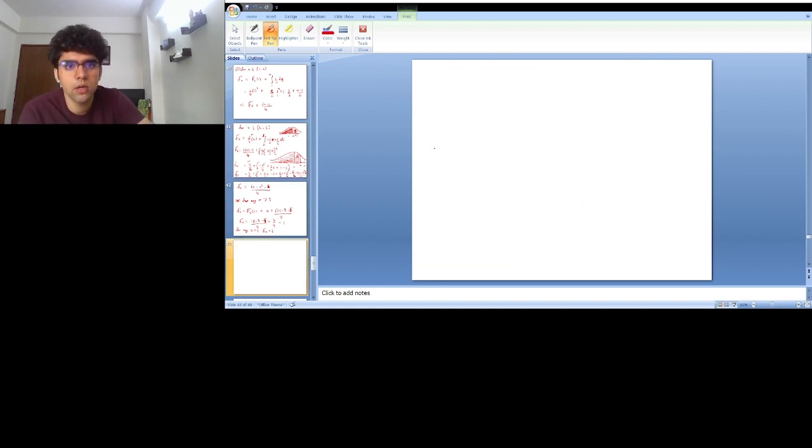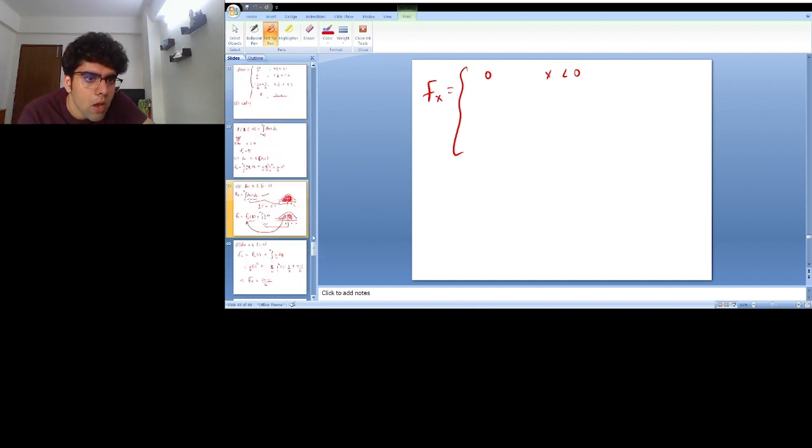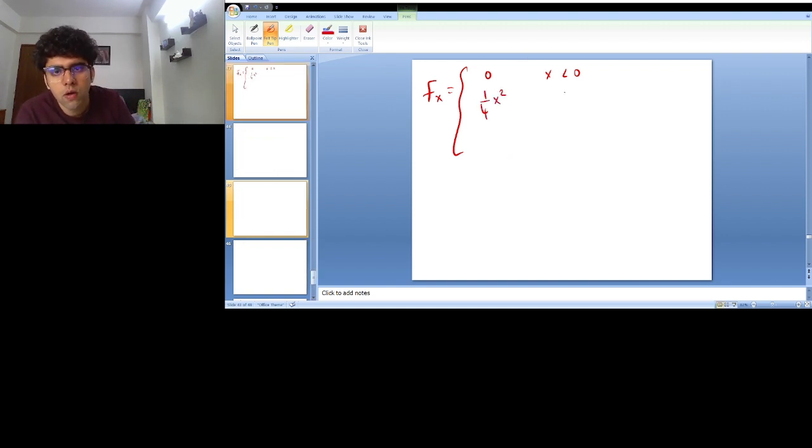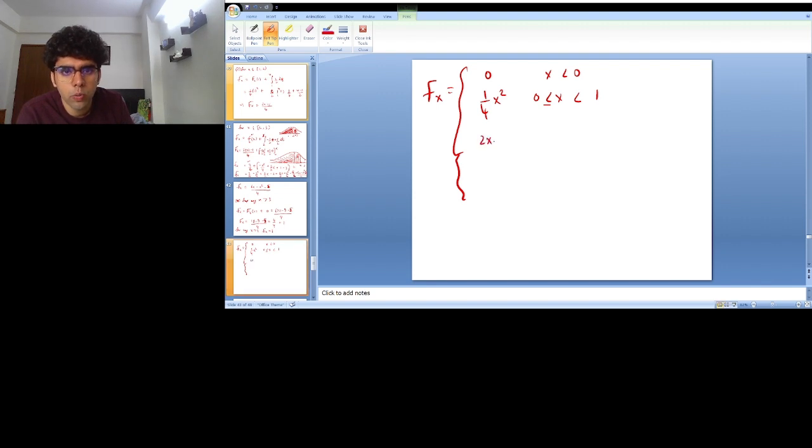Now let's just write the expression for the CDF. So this was 0 for x less than 0, and let me just move above. This was 1 by 4 x square for x belonging to 0 and 1, and for 1 to 2 it was 2x minus 1 by 4.